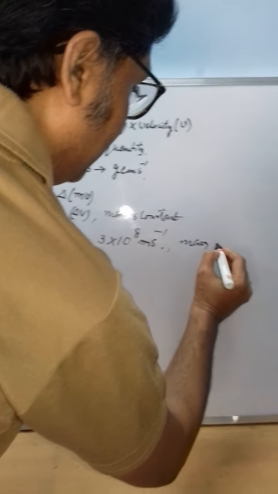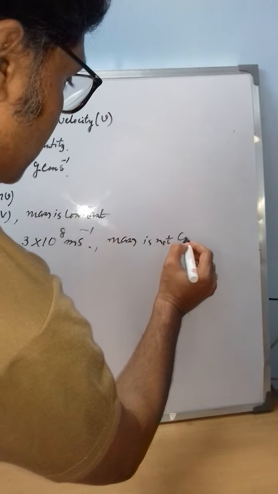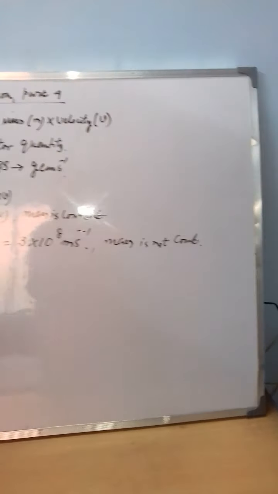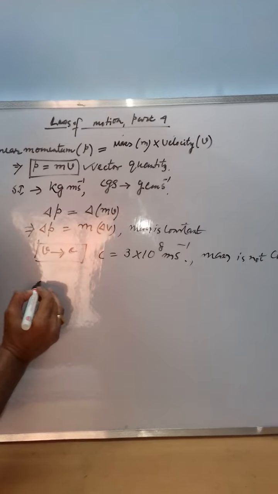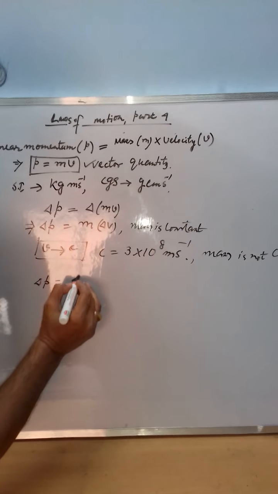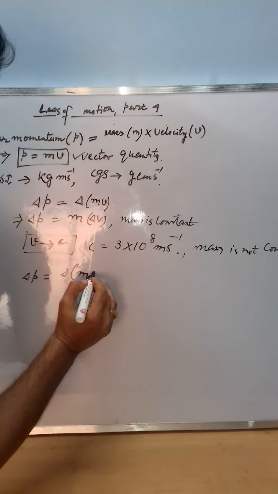At that time mass is not constant. So in that case you have to write del p equal to del of m into v.